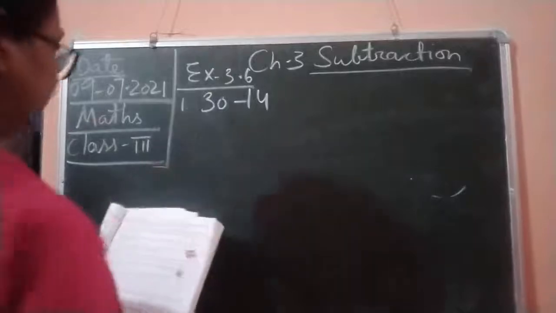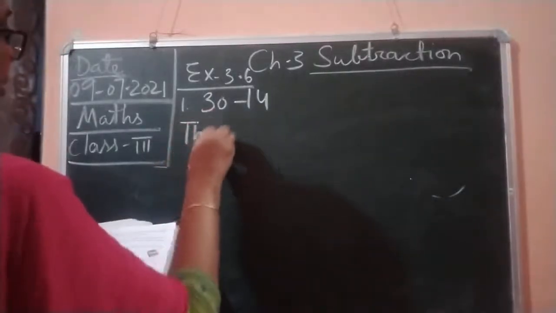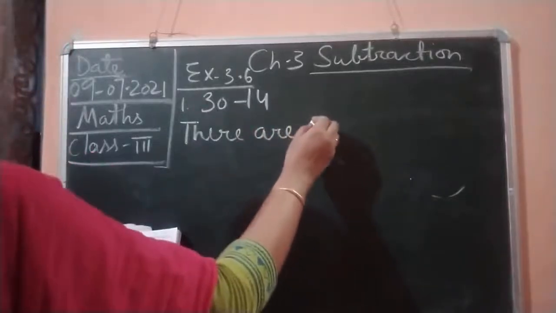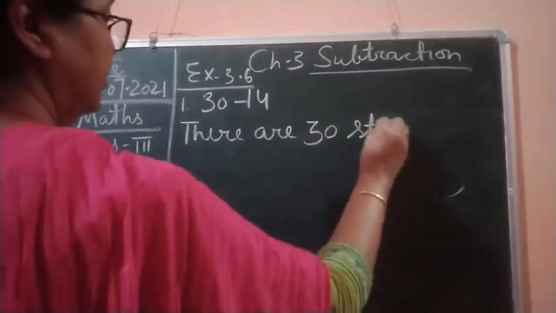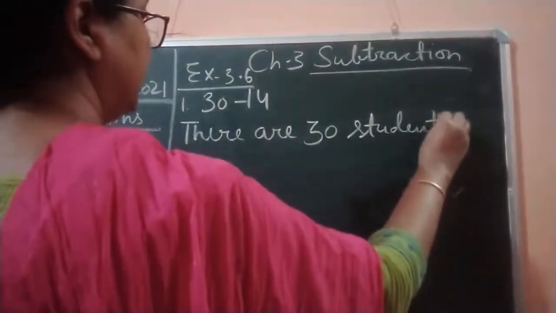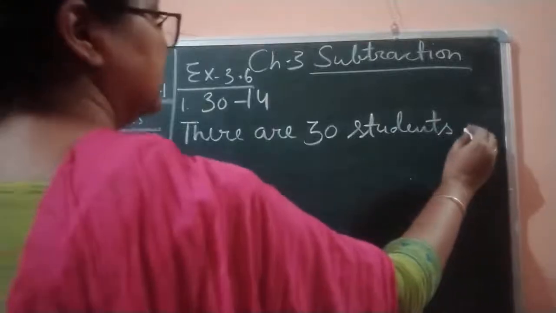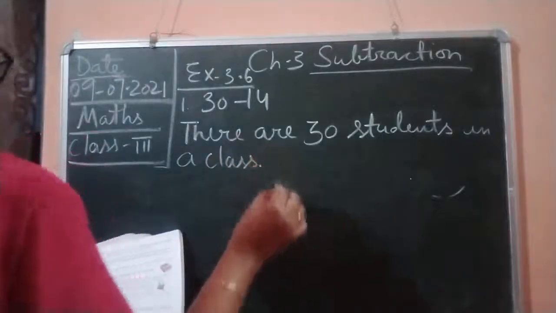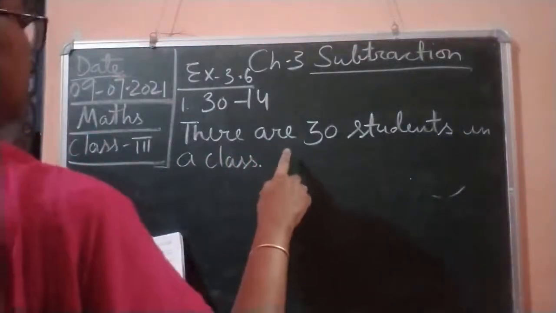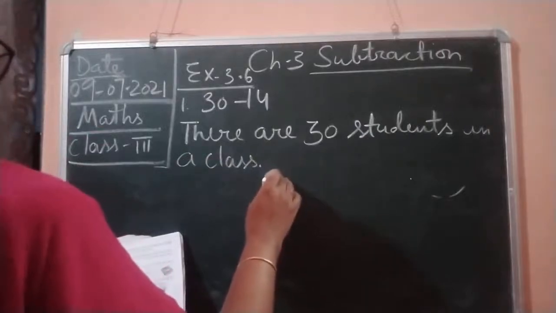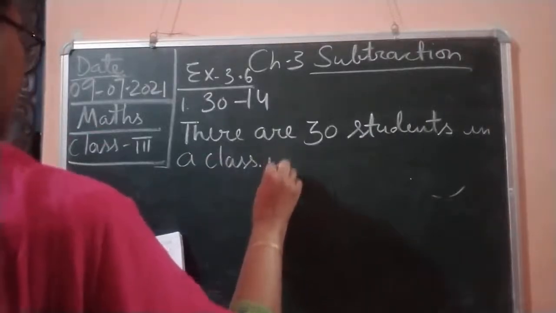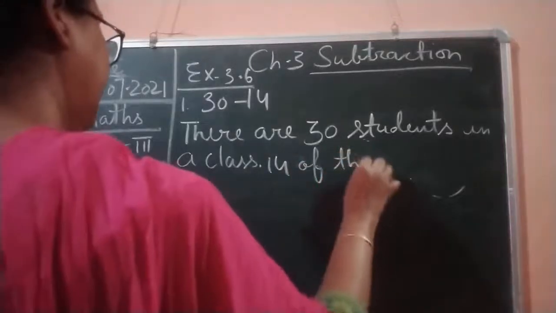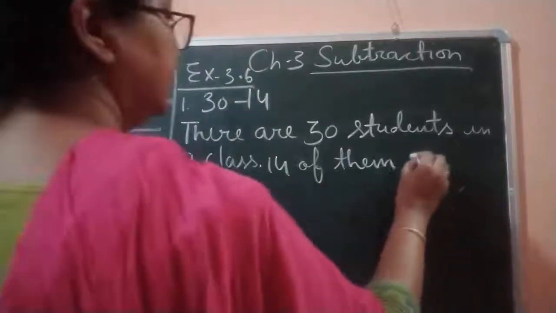So there are 30 students in a class, and 14 of them are girls.